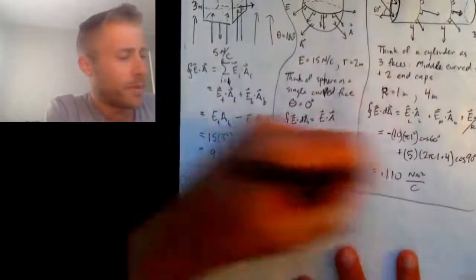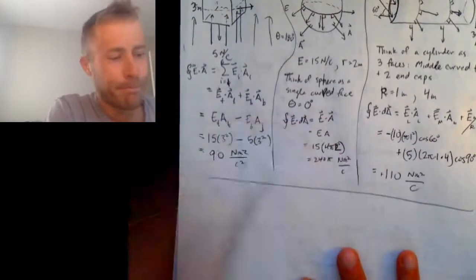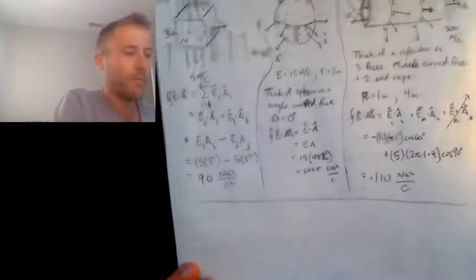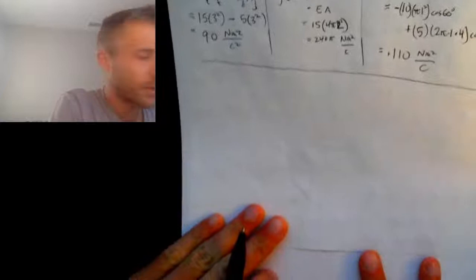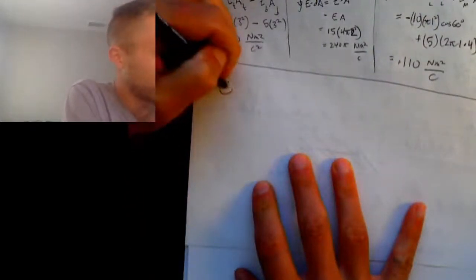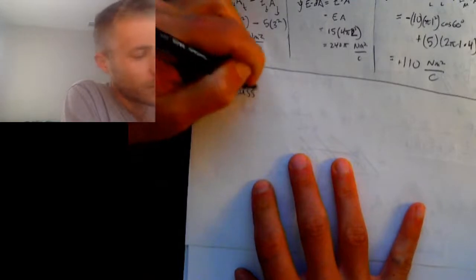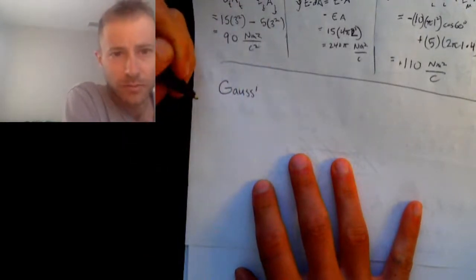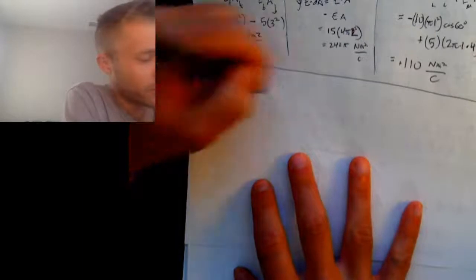So there is a law in physics, and it is called Gauss's law. Gauss was a mathematician who did a lot of things. Gauss's law.